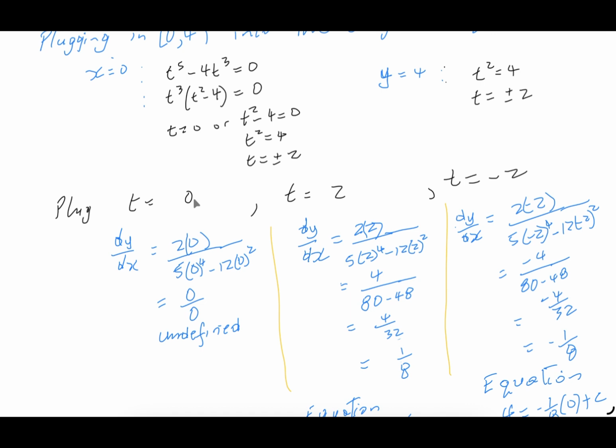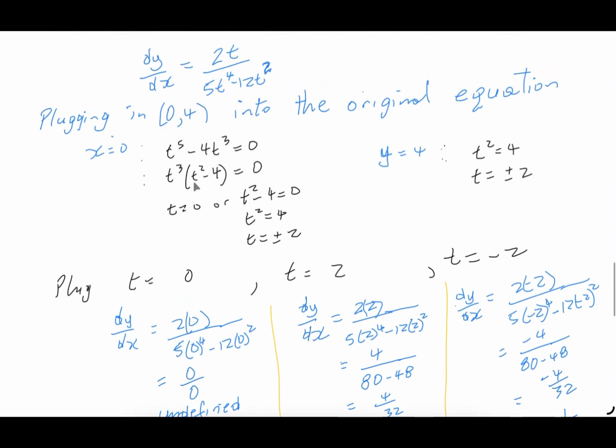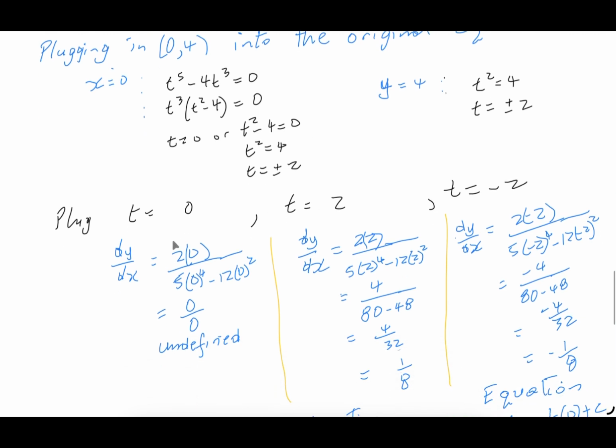When we plug in t equals 0, our derivative function was 2t over 5t to the fourth minus 12t squared. So we plug in 0, that's 2 times 0 over 5 times 0 to the fourth minus 12 times 0 squared. So that's going to be 0 over 0, so that first derivative is undefined at 0. So let's try t equals 2.